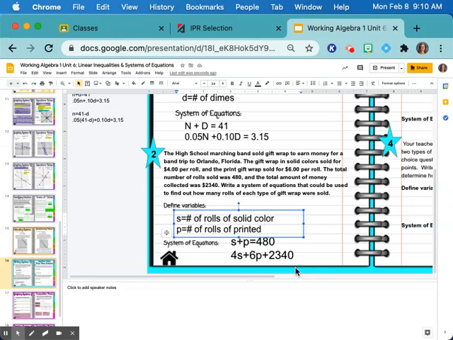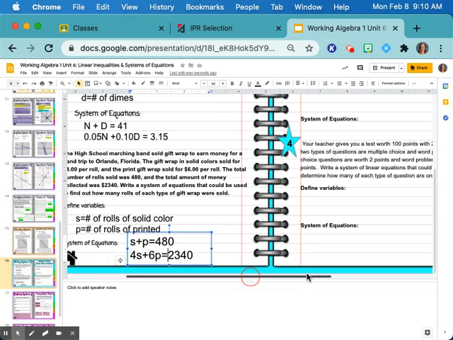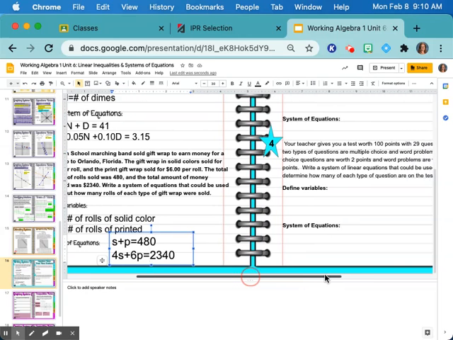So the first equation, S plus P equals 480, represents how many rolls you have. So the number of solid rolls plus the number of printed rolls equals 480. And then 4S plus 6P equals 2,340. So $4 per solid roll plus $6 per printed roll is going to come up with the amount of 2,340. Yep. All right. Good, everybody got it? Yes. I got the next one.